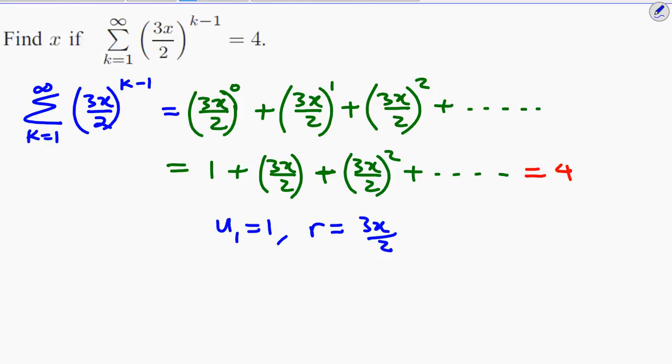And if the common ratio is 3x over 2, which means this is a geometric series, and the sum to infinity is 4, then it means that this geometric series is converging. So this is a converging geometric series.